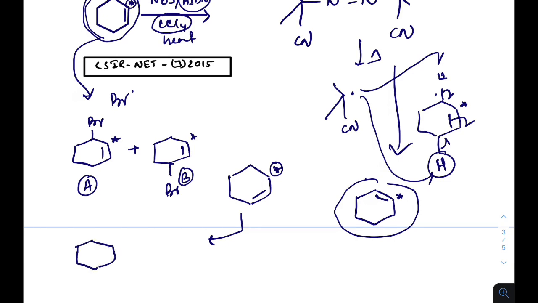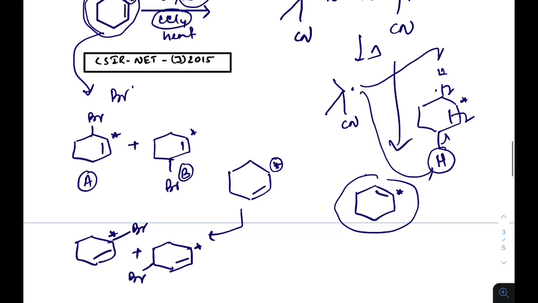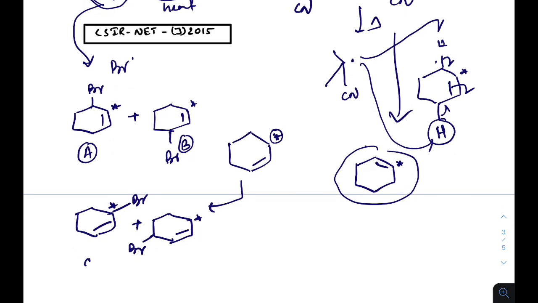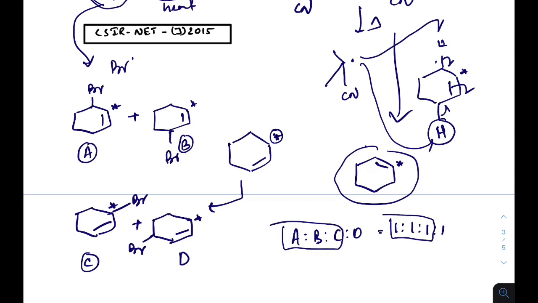One is this on the marked carbon, and another at the opposite of the marked carbon. So this is C and this is D. So A to B to C to D will be 1:1:1:1. In the CSIR NET question, there were only A, B, C. So their result will only be 1:1:1.